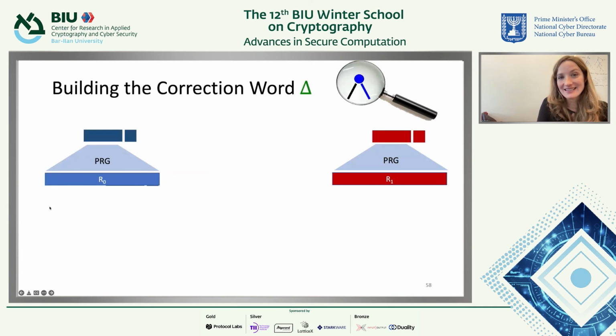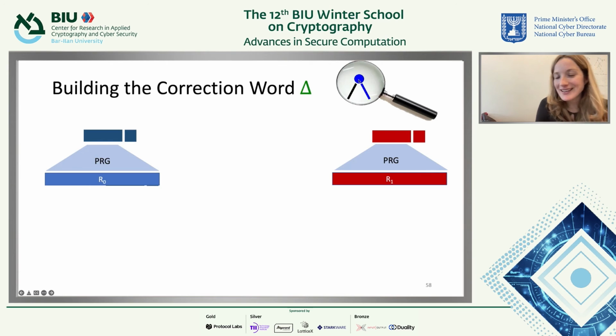How can we actually get this extra bit that's thrown off level by level? For that, let's go back to the magnifying glass, this construction of how to build our correction word delta. Suppose that I'm in this familiar situation where we're departing from the special path, where if I go to the left, this is where I want to get a 1 bit.